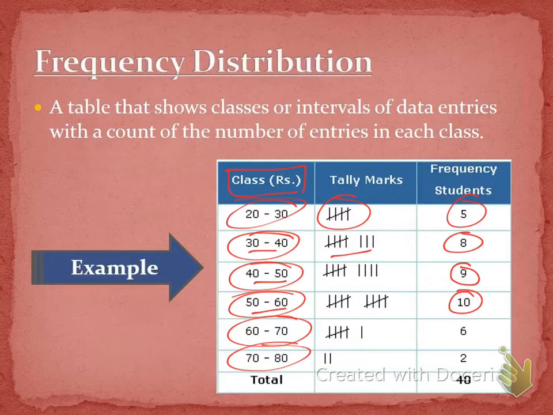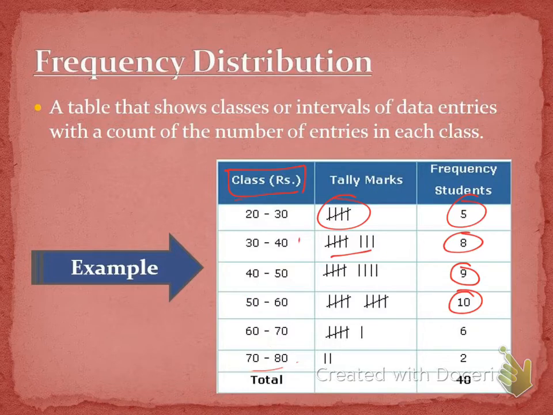Now, setting your classes or your intervals this way is perfectly fine. And what I mean by this way is they're nice and round. They're just 10 wide, which is a nice round number to create your intervals in. It's easy to figure out where our data pieces fall.